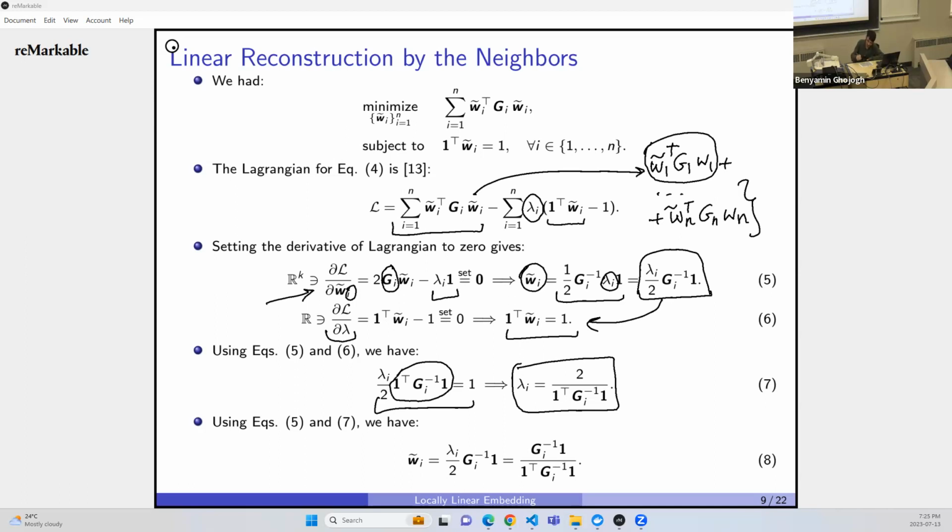Now I put this equation 7 back in equation 5. As you see, we are using the method of Lagrange multiplier. Then what do we have? We'll get this. Interesting. It gives us a closed form solution. What did we want to find? wi tilde, and it exactly gave us a closed form solution. Interesting.